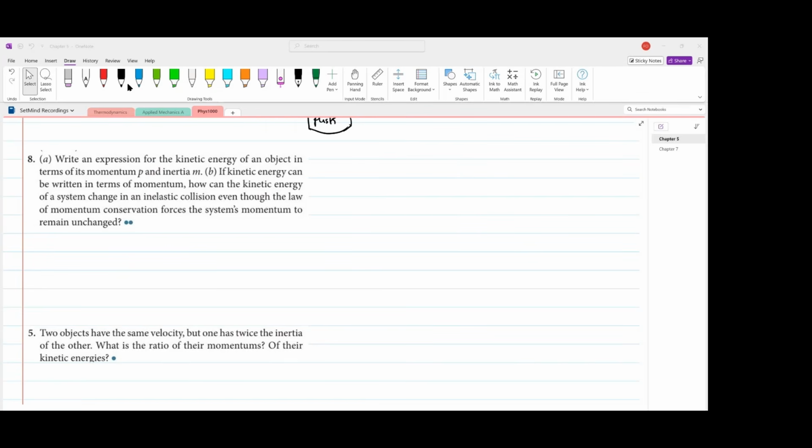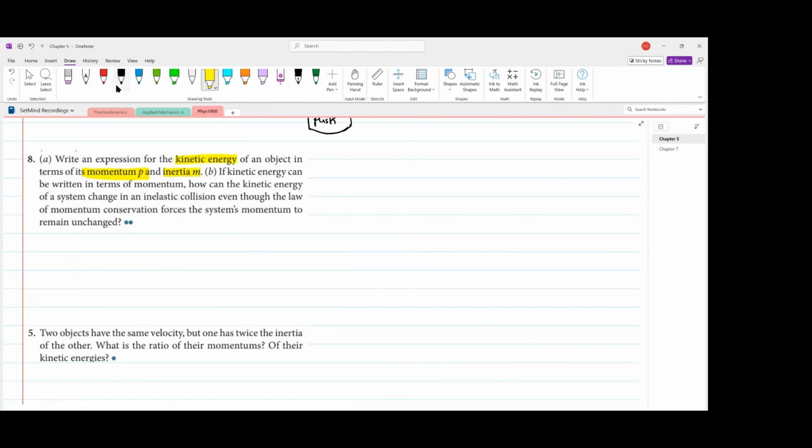It says, write an expression for the kinetic energy of an object in terms of its momentum p and inertia m. So we should write kinetic energy in terms of momentum.